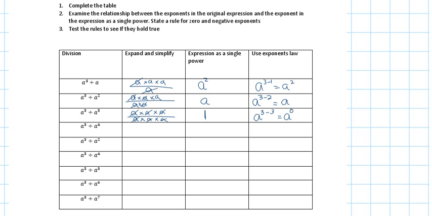Put 1,000 to the power of 0. What do you get? 1. So anything to the power of 0 is 1. And that's why this is 1 and this is a to the power of 0. They are the same, it's just that they're written differently, okay? So anything to the power of 0 equals 1.